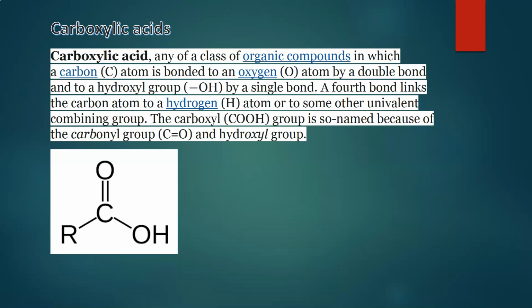The carboxylic acids, if you see, one carbon is bonded to an oxygen and at the same time to an OH group. This is the characteristic group of carboxylic acids. The carboxylic acids are the organic acids.